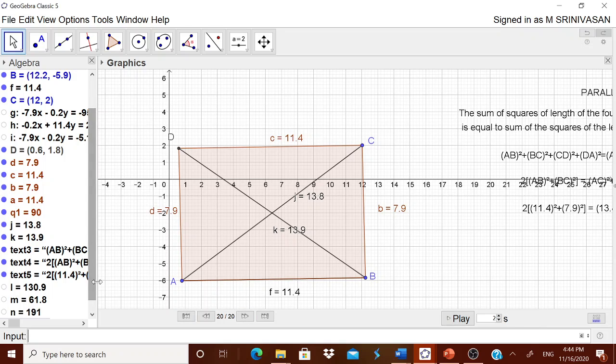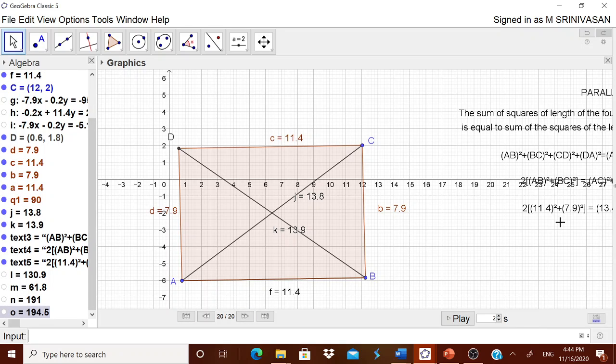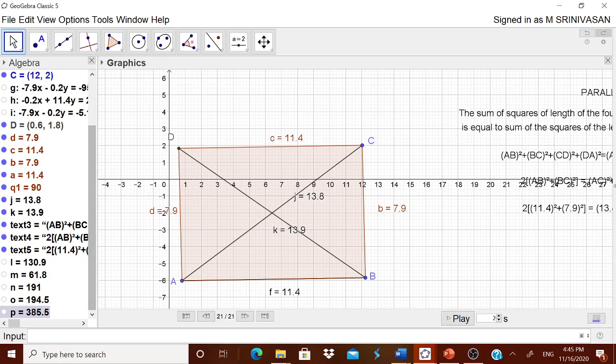Now let us come back to the left hand side. It is 2 times A square plus, that is AB square plus BC square. Therefore P is equal to 2 times L plus M. Now let us go for Q, the right hand side.